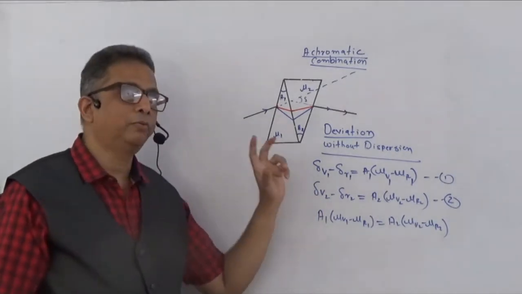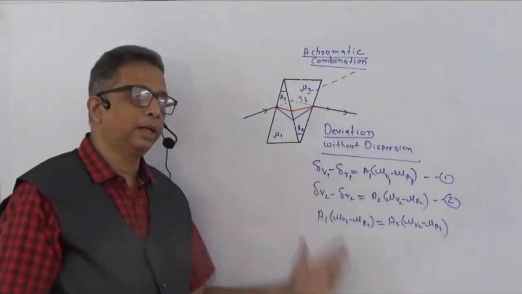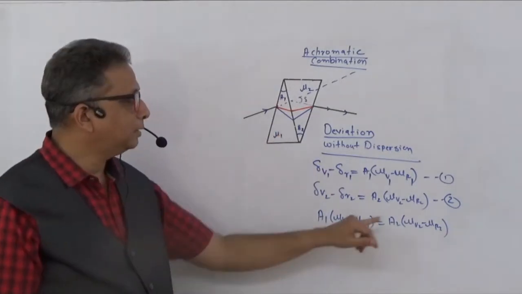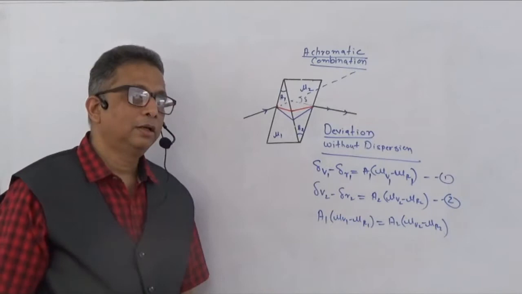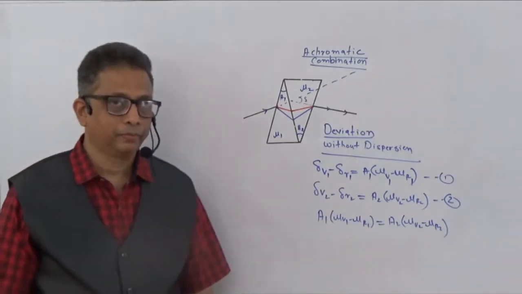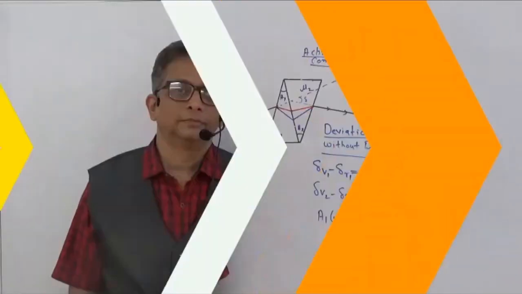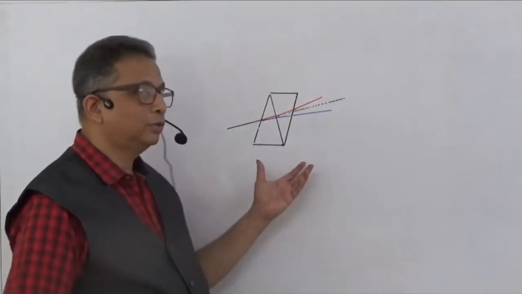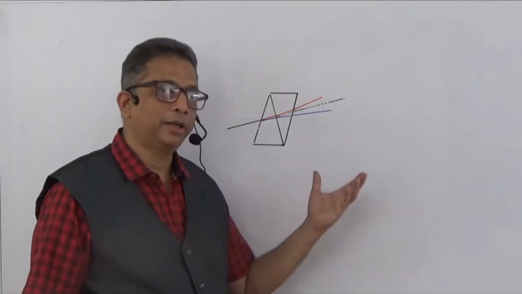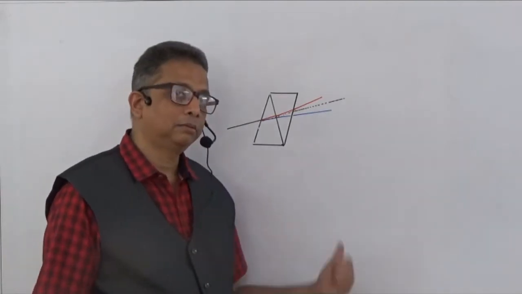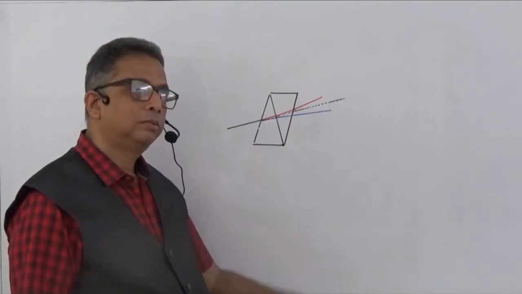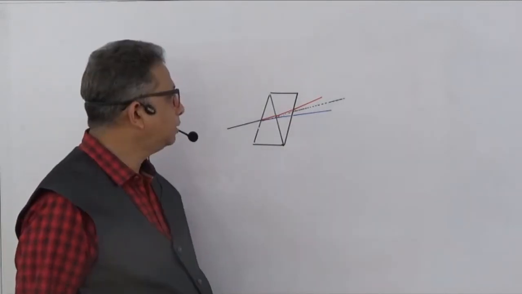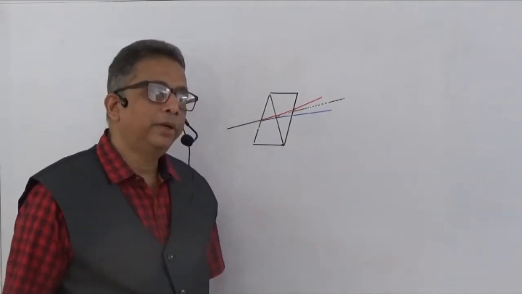As I've said, it could be flint, crown, glass, or different materials and different angles. So you have the angles and the refractive index to get the deviation of your choice. Now look at this arrangement that is shown. Again we are using a similar arrangement as in the last session, with prisms in an achromatic combination, and there we did not achieve any dispersion.